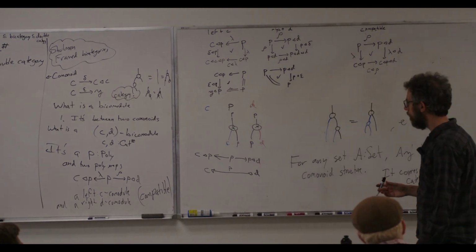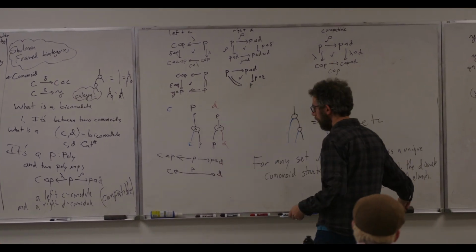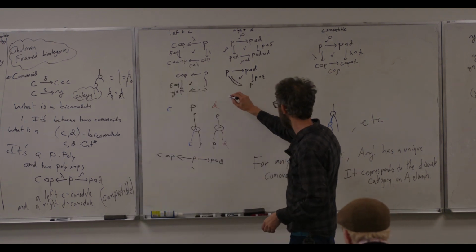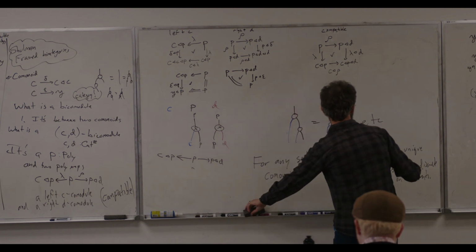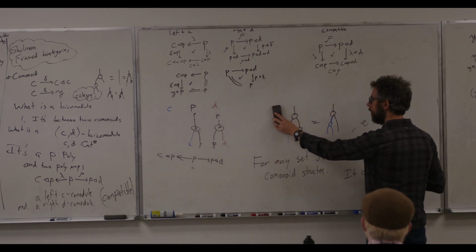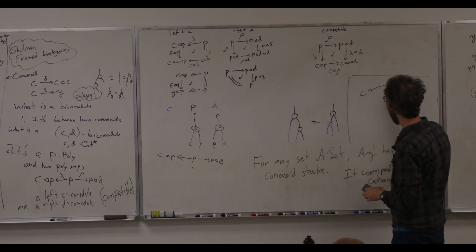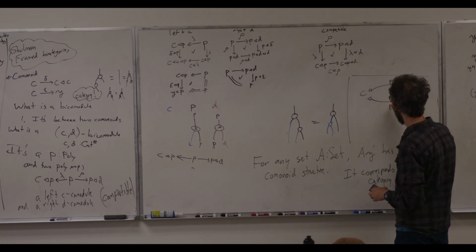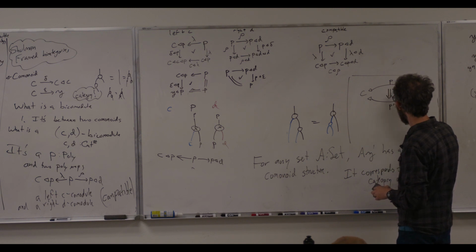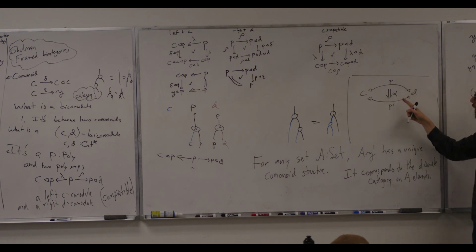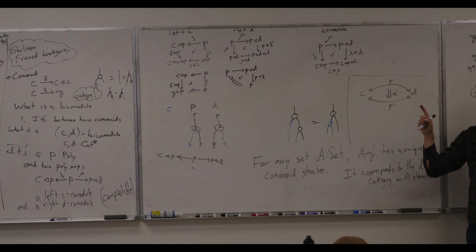And maybe I should say, what do you think a map between them would be? If you had a bicomodule between C and D, and another bicomodule between C and D, a map between them, any guesses on what it is? P and P prime are not categories. They are polynomials with some extra data.